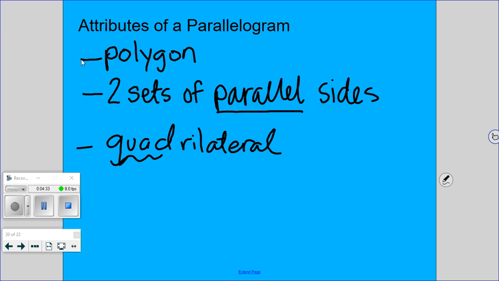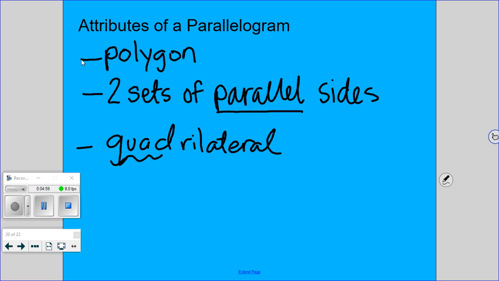Could I call a parallelogram a quadrilateral? Is that a correct name? Yes, correct. But is it the best name? No.